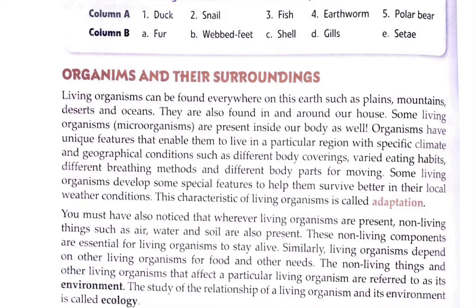Organisms and their surroundings. Living organisms can be found everywhere on the earth, such as plains, mountains, deserts, and oceans. They are also found in and around our house. Some living organisms, such as microorganisms, are present inside our body also. Organisms have some unique features which enable them to live in a particular region with a specific climate and geographical conditions, such as different body coverings, varied eating habits, different breathing methods, and different body parts for moving.